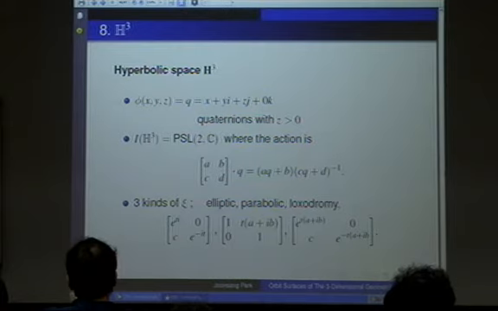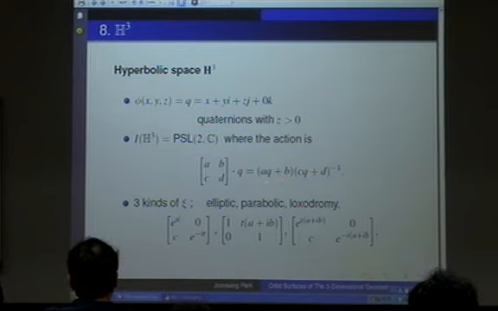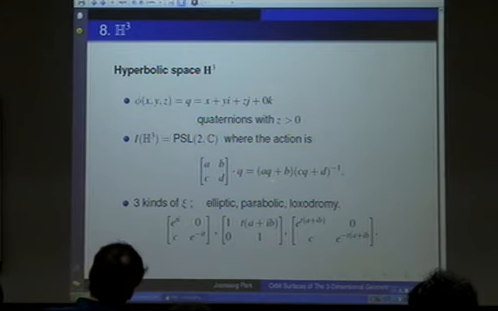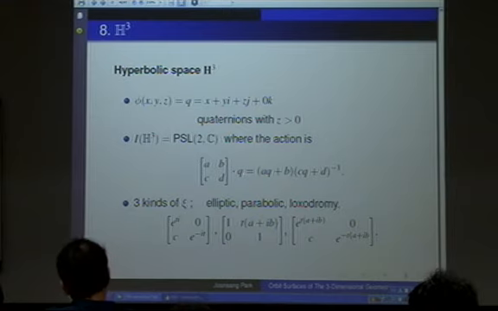Then the isometric group of H3 is PSL2C, where the action is given by a kind of linear fractional action. We can't use the linear fractional transformation of complex analysis because the multiplication of the quaternion is not commutative.